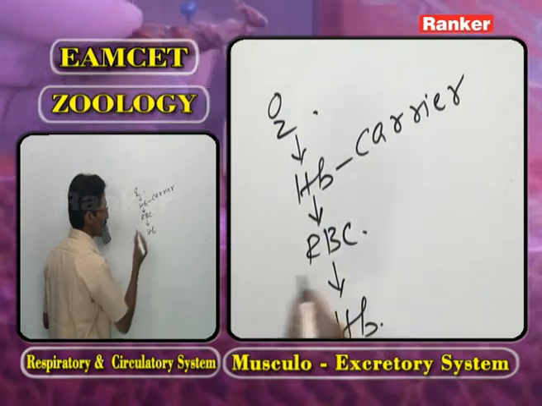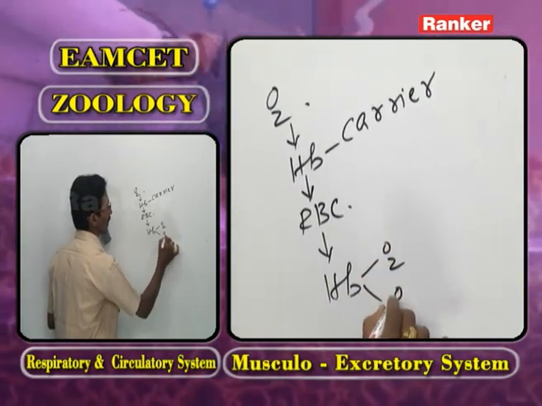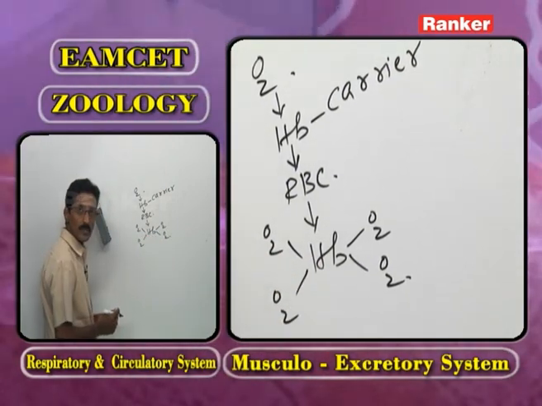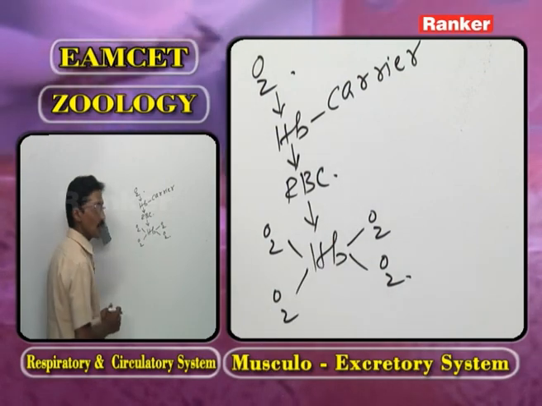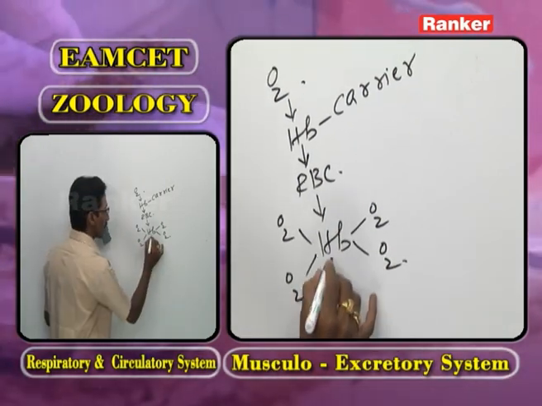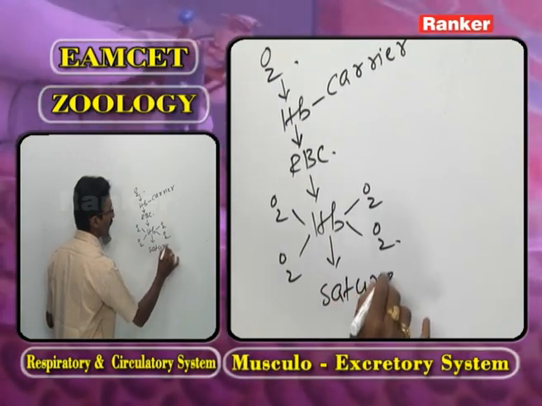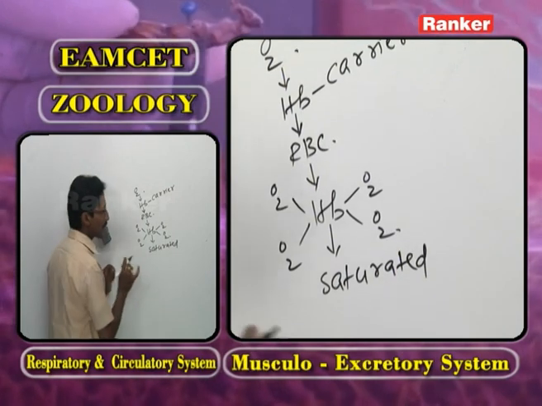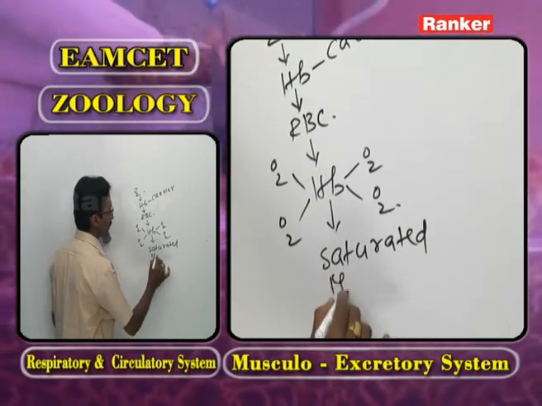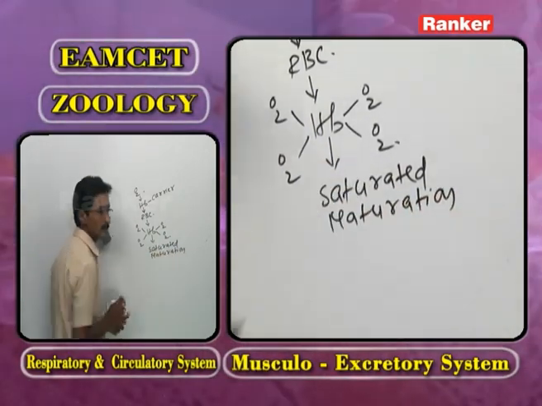One hemoglobin carries how many oxygen molecules? 4 oxygen molecules. Whenever the hemoglobin carries 4 oxygen molecules, the hemoglobin is said to be saturated. Here the student gets one doubt. What is meant by saturation? Nothing but maturation.